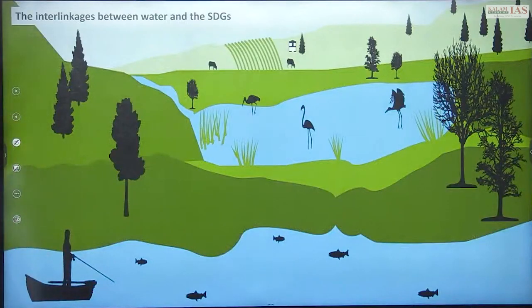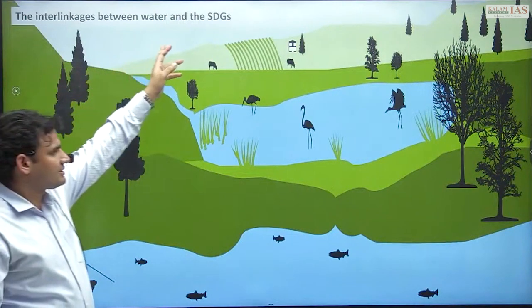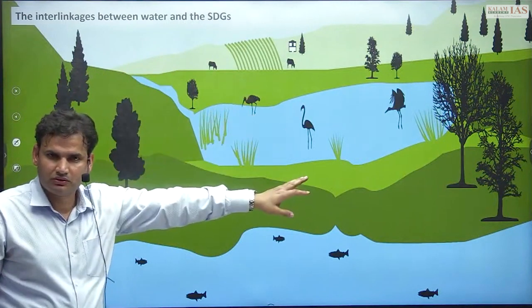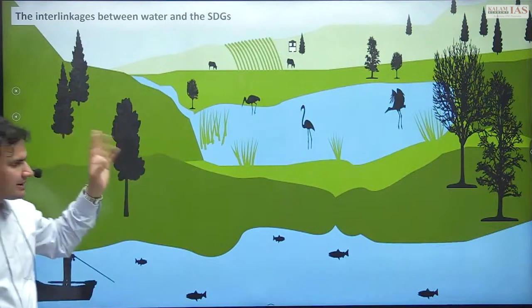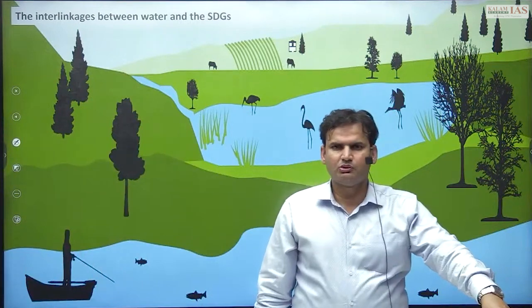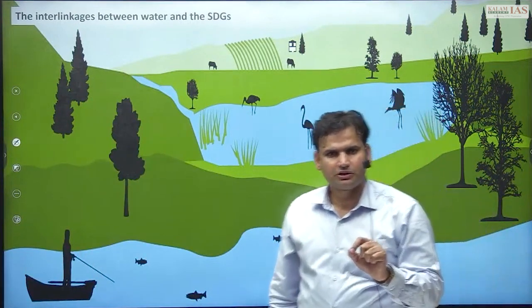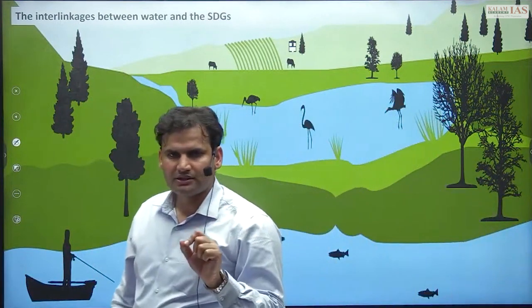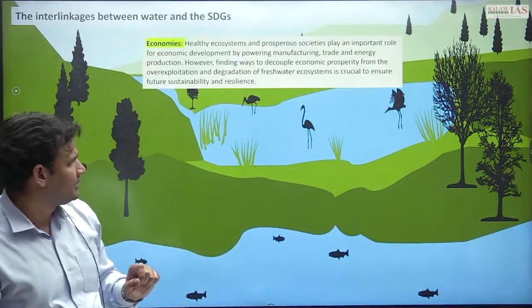Thereafter, there has to be interlinkages between water and the sustainable development goals also. Because if any wetland is healthy, then only our economy can prosper, then only our society can prosper, and then only the ecosystem can prosper, right?